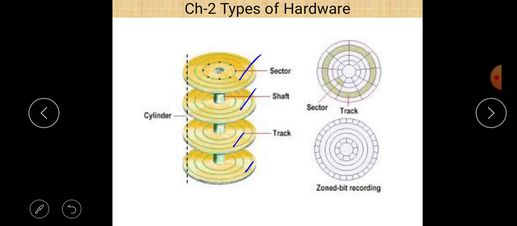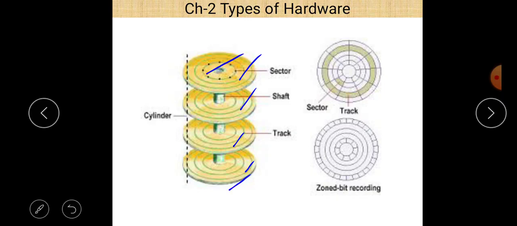So if there are 4 platters, then we have 8 surfaces in it, and within the 8 surfaces we are only able to write data on 6 surfaces, because the first and last surface is not used.